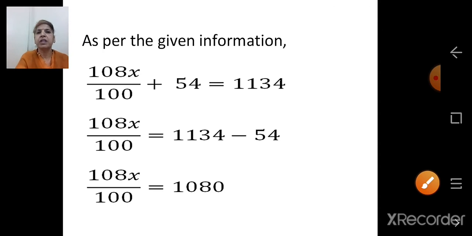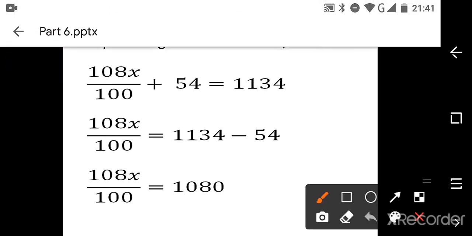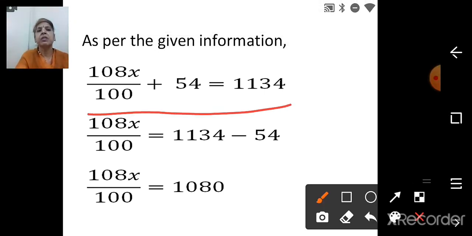And the equation formed, as per the given information, is 108X upon 100 plus 54 is equal to 1134. Now once the equation is formed, we know how to solve it, right?